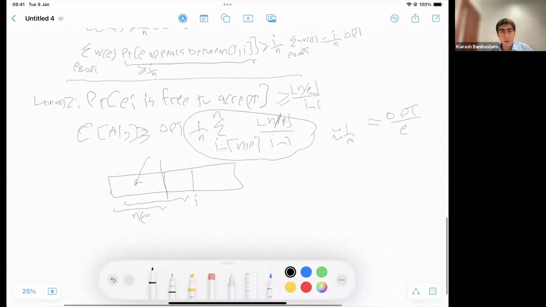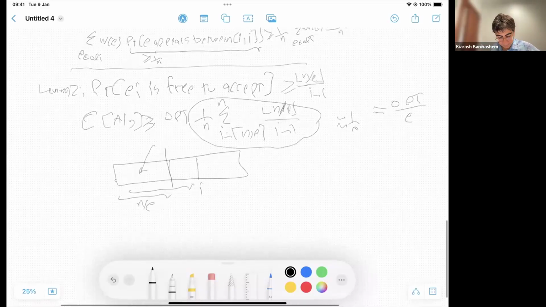Here, I can't quite make the same argument, but what I can do instead is start going back in time and calculate the probability of the element becoming unavailable at any of the previous time steps. This will give me a product that ends up giving me the same quantity of n over i minus 1.